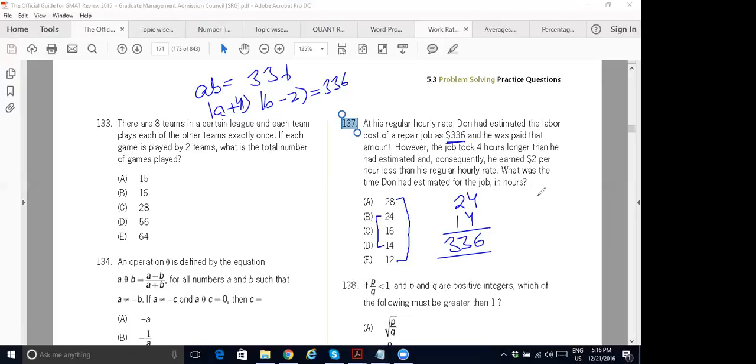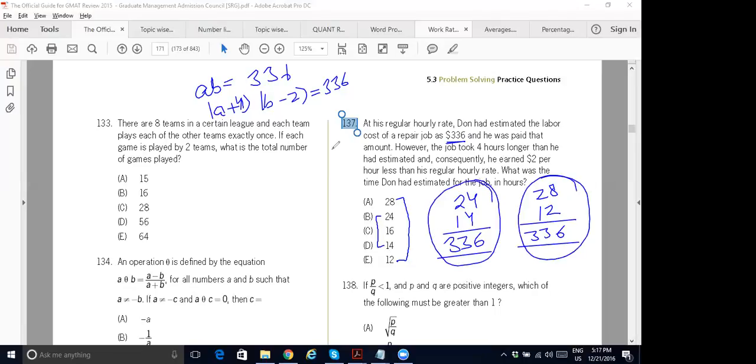This is correct. Then 28 into 12, 12 times 8 is 96, 9 carry, 24 plus 9 is 336. Again, satisfying.